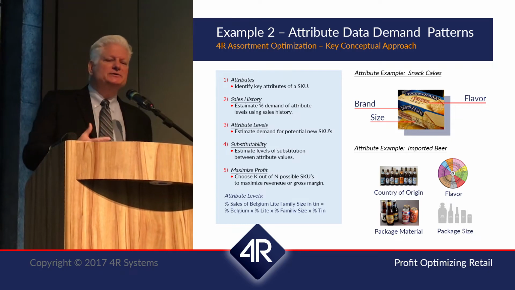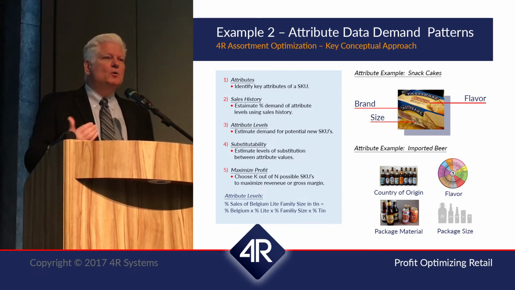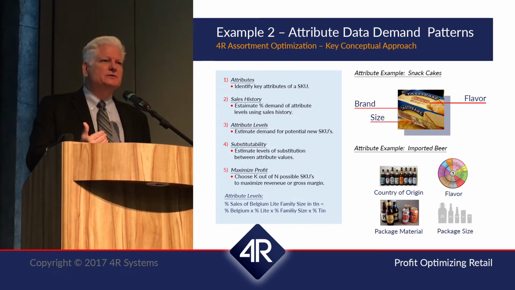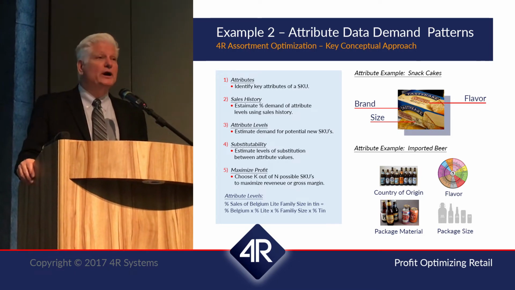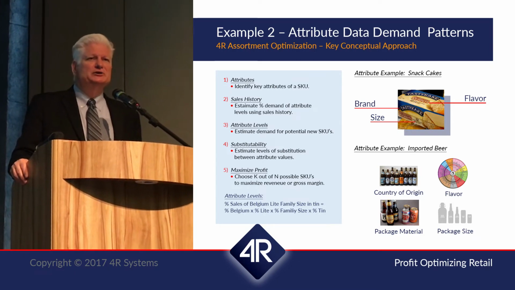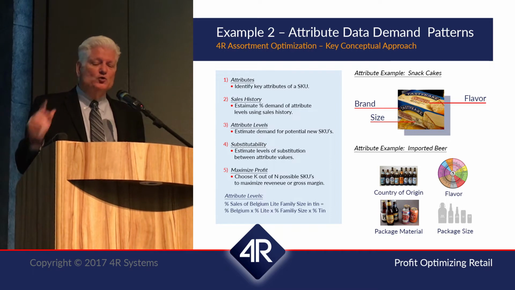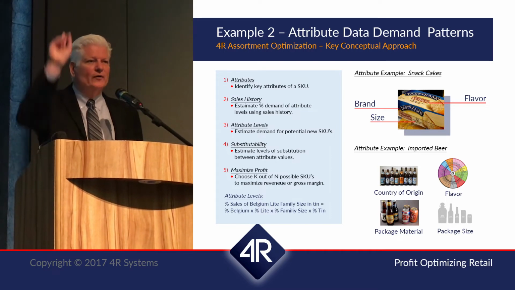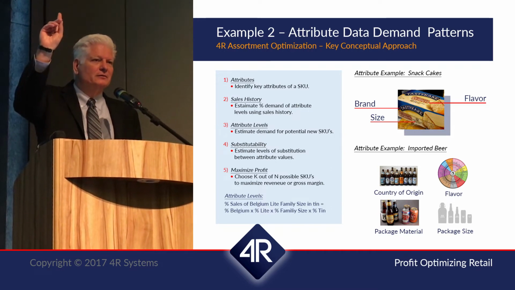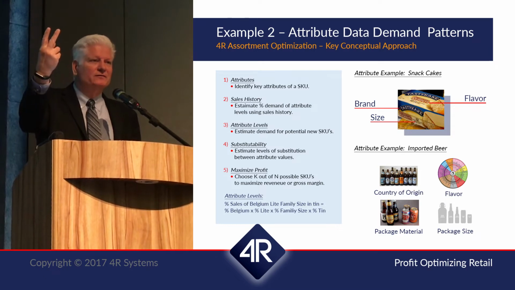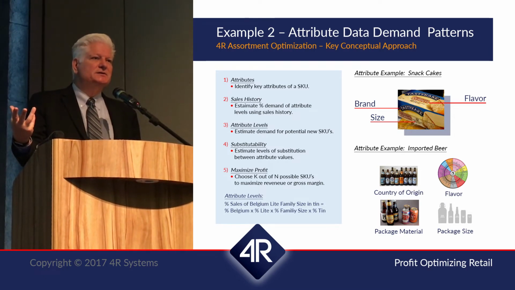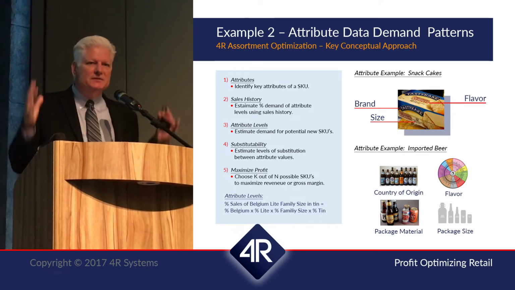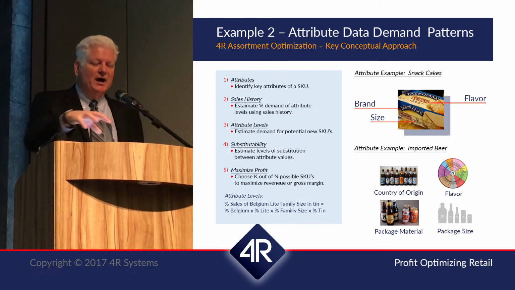That said, what's also curious and interesting is when we worked with the buyers for this particular product, they had a very specific view. Their view was that the customer first selected brand, then they selected flavor, then they selected size. Makes logical sense that that's the way they thought of it.